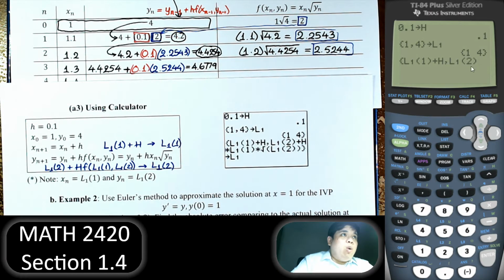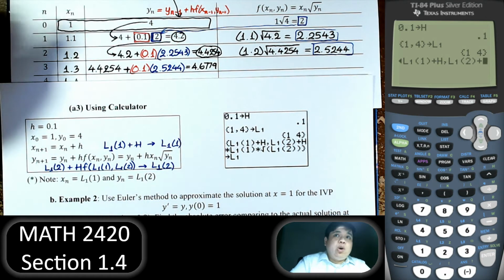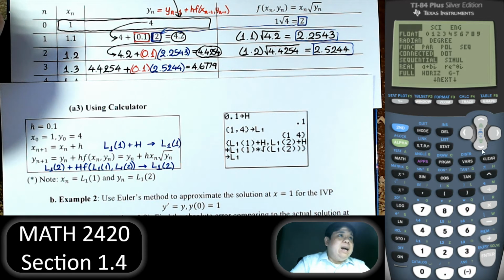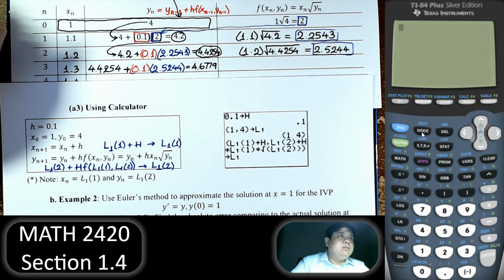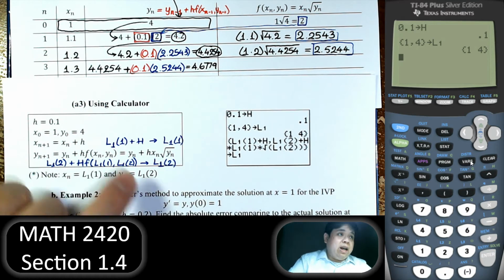So we have the y values plus h, right? You see, if I write like this, you won't be able to see everything we type. So I would hit mode and switch to the classic mode, the classic view. So this is the first step. And then initialize. Alright, now I have to type this again.